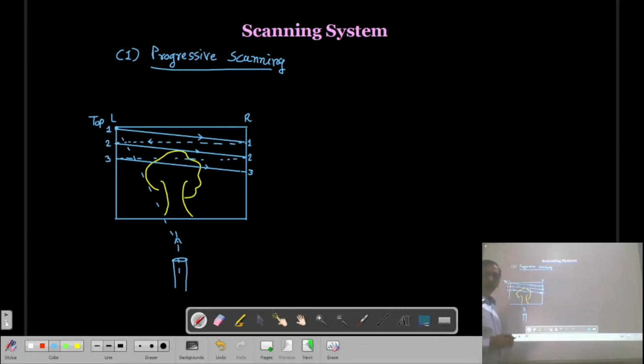You can say it is going to trace the picture. When line number 3 is over, it will come back for the next line, that is 4, and in this way the complete frame is going to be traced by this electron gun.